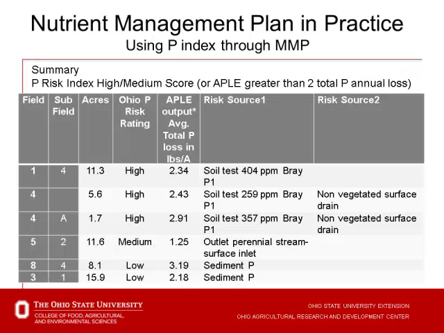This is those fields with more detail behind them as far as what the P risk index is. First, let me just kind of go through. There's the 4 fields identified, and these are the acres that are within those particular field boundaries. We have the 3 high P index fields. We have the APLE output that came along with that.